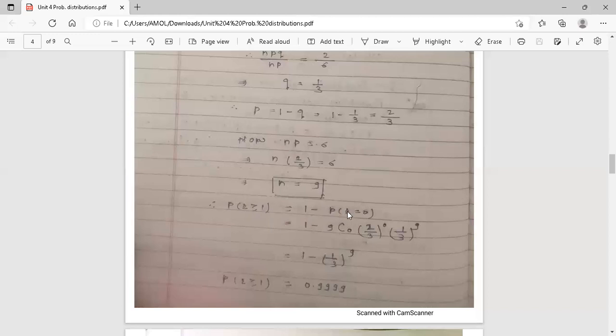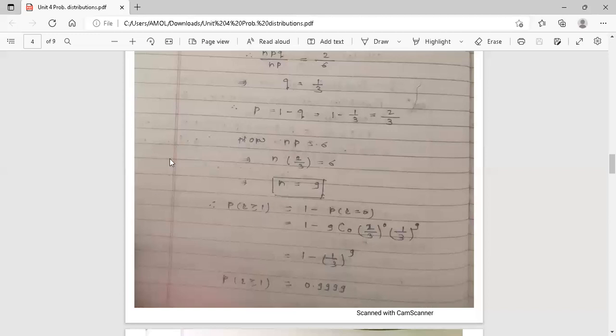The failure is r is equal to 0. When the value of r is 0, that is the failure only, because we want the probability r greater than or equal to 1. Means to start from 1 to 9. So except 0. We find the probability of all the terms start from r is equal to 1 to 9. So the missing term is only r is equal to 0. So it means that it is the failure.